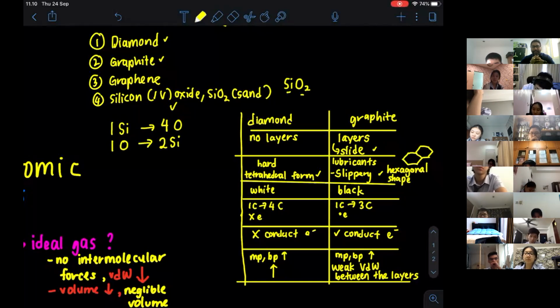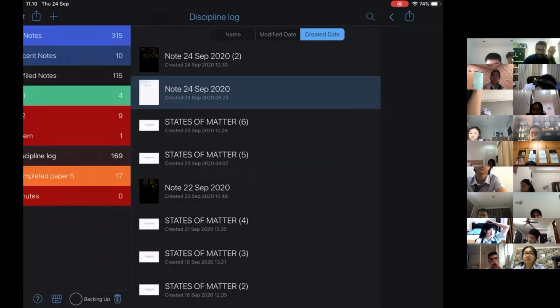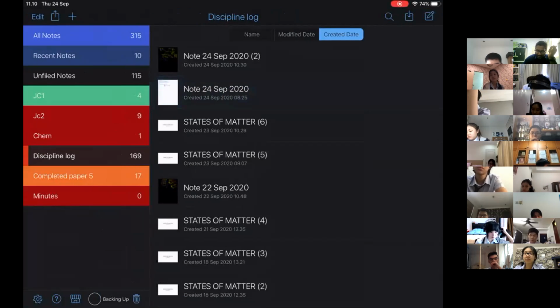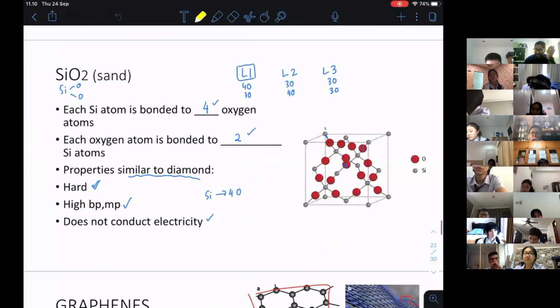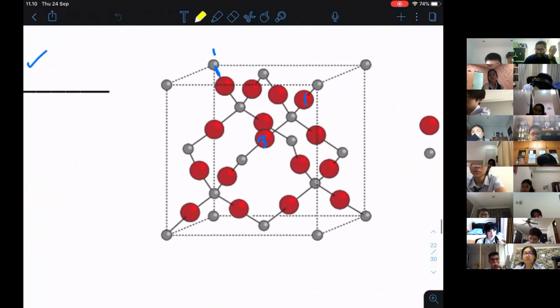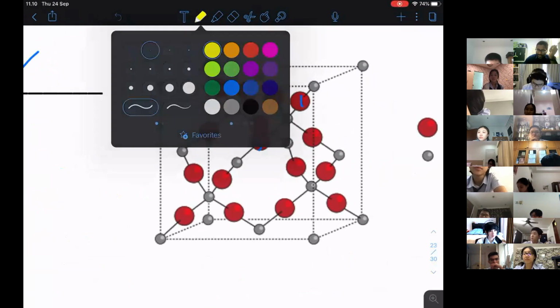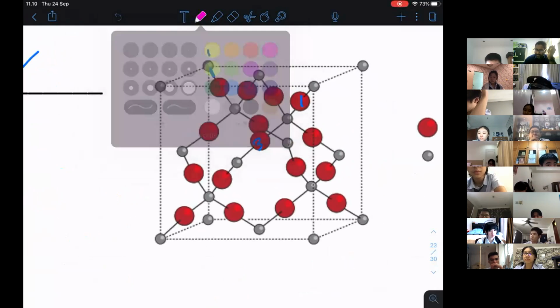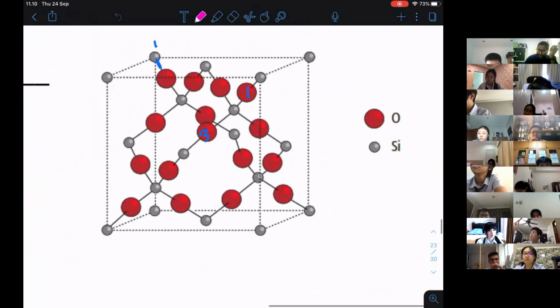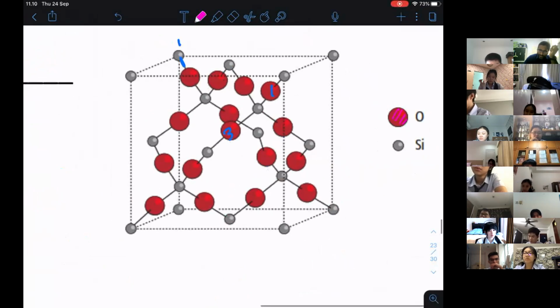I think I have shown you the structure of it. If you look at the structure for SiO2, this is going to be the structure of SiO2. If this one is oxygen, you can see each oxygen is bonded to how many Si?